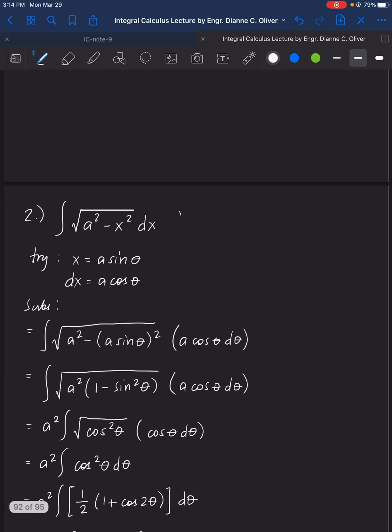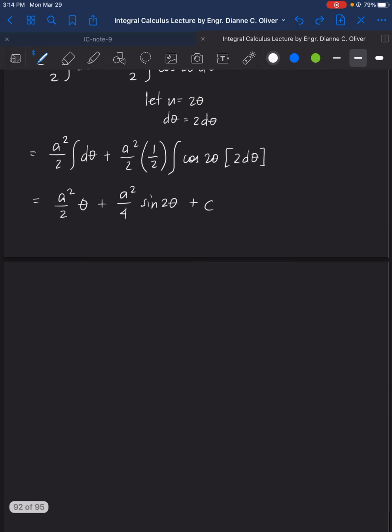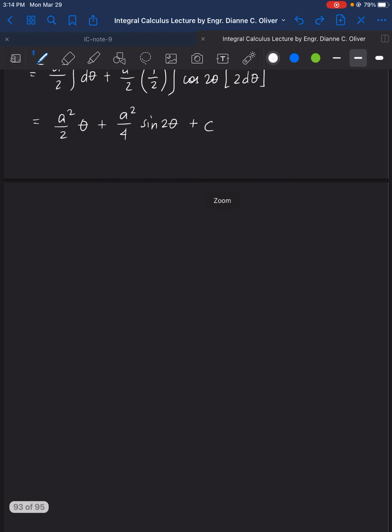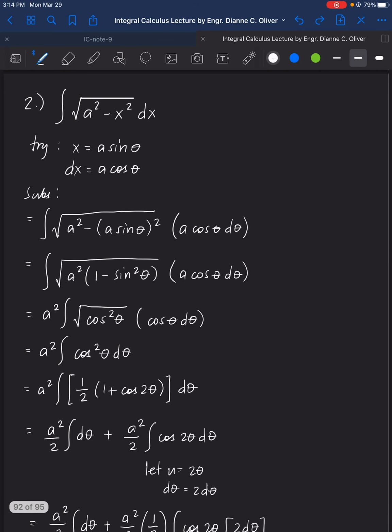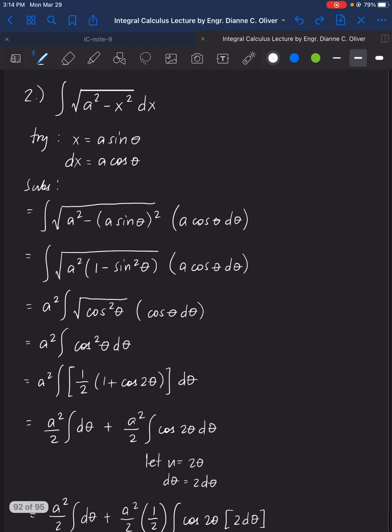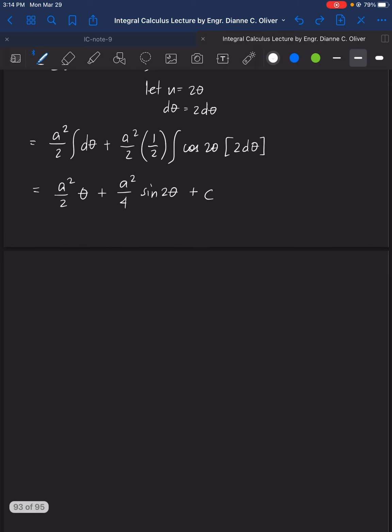Now that's not yet the final answer. Take note that we should have an answer in terms of x. What we have here is in theta. Sine 2 theta, so the angle here is 2 theta, but what we have here is sine theta. So what should we do in here? This is actually another identity, half angle.